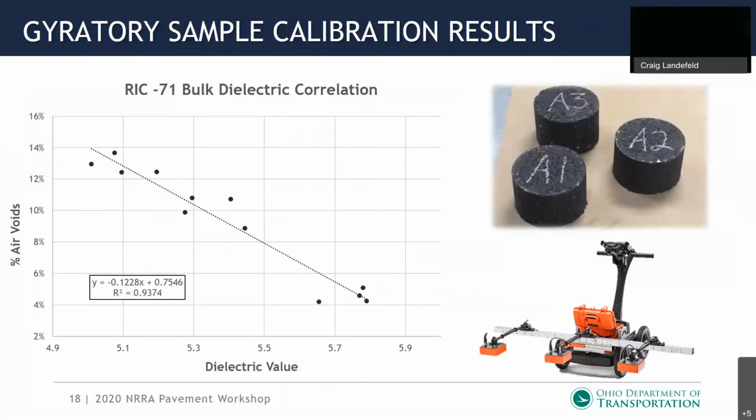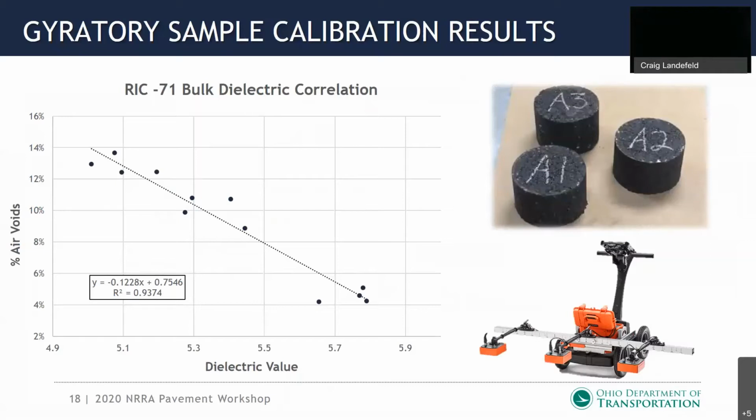If we can eliminate a guy from having to go out on the road and cut cores, we can definitely improve the safety of that operation a little bit. We think we can improve the efficiency that we're getting out on the road, and this kind of testing by building these gyratory samples falls right in line with our daily quality control and quality assurance testing that's going on at the laboratory and at the plant labs anyway.